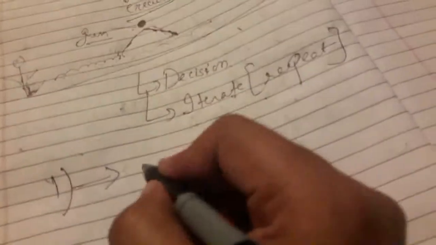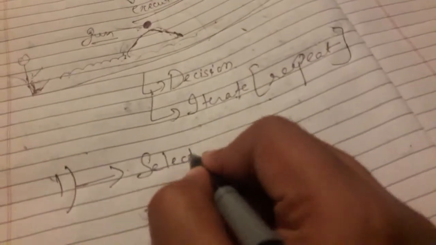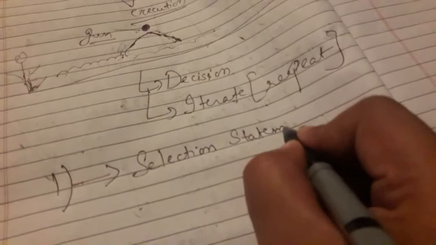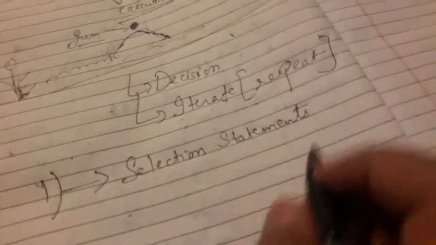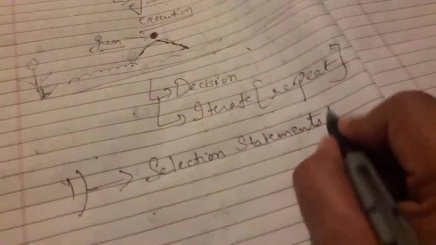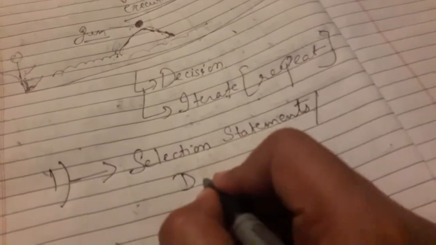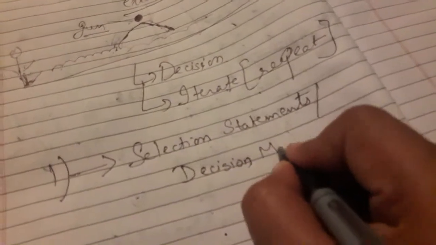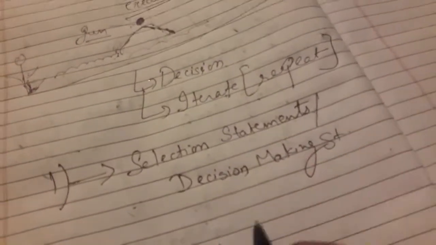First one is selection statement. We call these selection statements as decision making statements. In some books we call it as decision making statements, right?